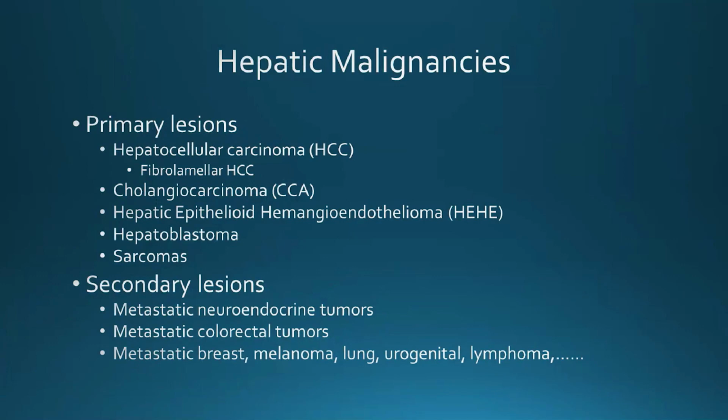And of course, secondary lesions, which are mostly metastatic lesions, like metastatic neuroendocrine tumors, metastatic colorectal tumors, and also metastatic lesions from breast, melanomas, lung cancer, urogenital cancers, and lymphoma, and all the rest.